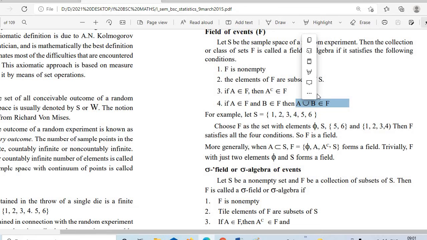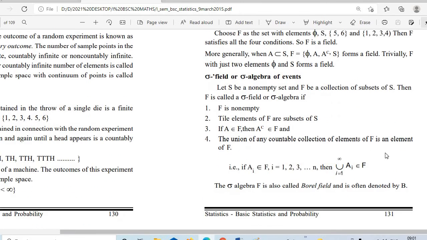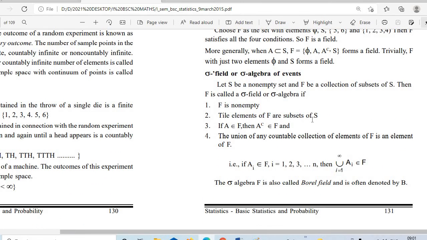So what is the definition of a sigma field? A sigma field is referred to with countable union.